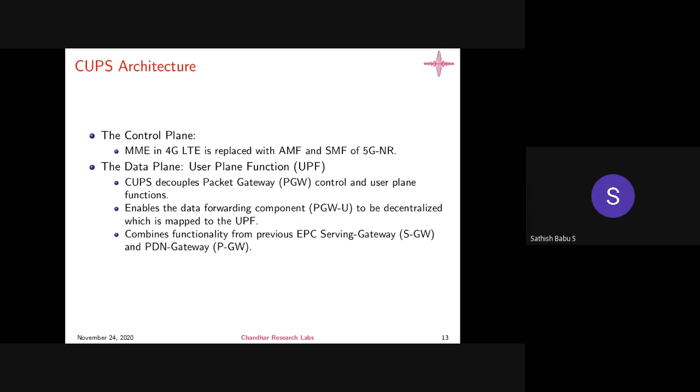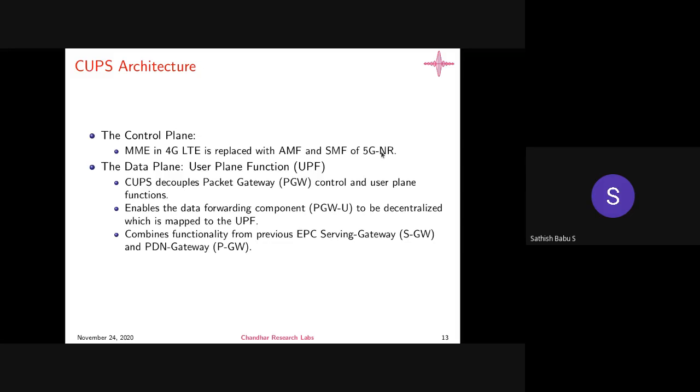So with this, the CUPS architecture, okay, splitting control plane and data plane. If you take the control plane in 4G LTE, the major key point is the mobility management entity, which has been replaced by two functions, AMF and SMF, of 5G.